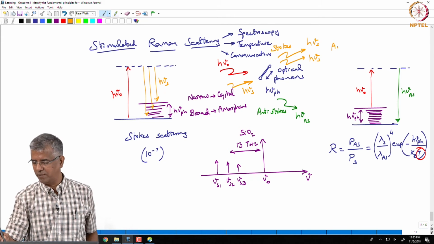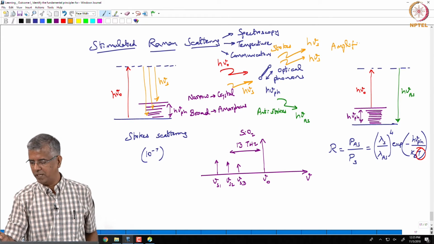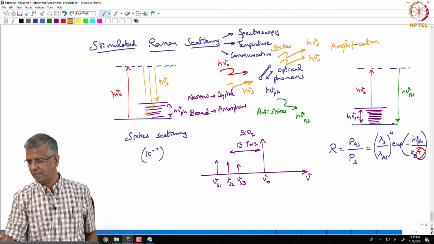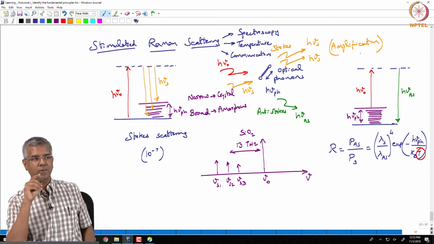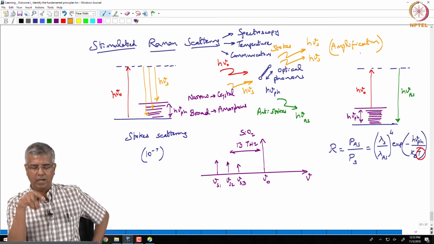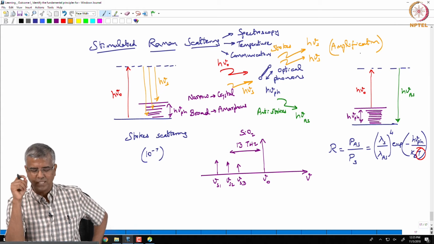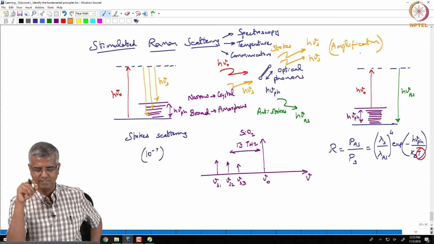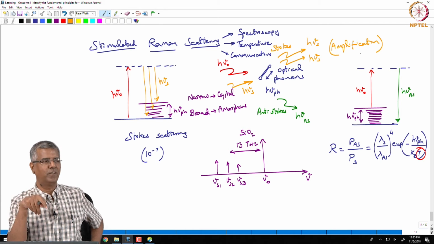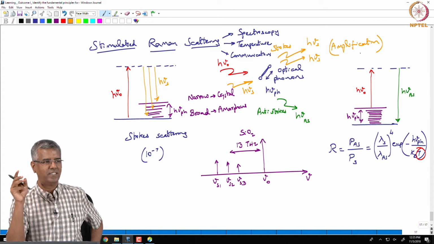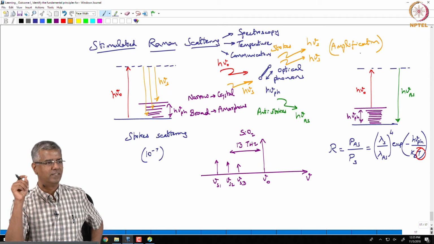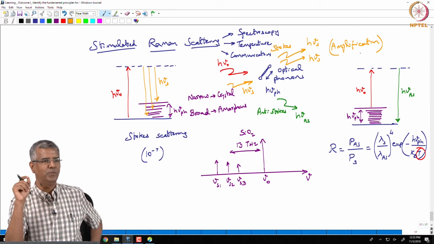So this can give rise to amplification of light, and there is a very important aspect to this amplification. How do you differentiate this from what you did in erbium doped or ytterbium doped fibers, those rare earth materials? Do you see a difference between the two?